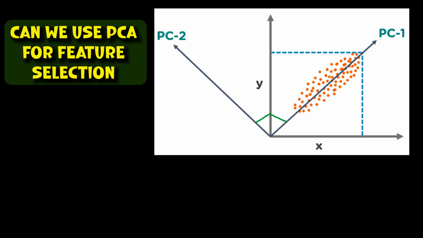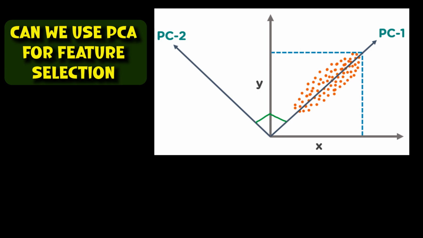So PCA works by transforming the original features into a new set of linearly uncorrelated features called principal components. These principal components are linear combinations of the original features and are ranked in order of decreasing variance, with the first principal component accounting for the largest variance in the data, then the second principal component accounting for the second largest variance of the data, and so on and so forth.